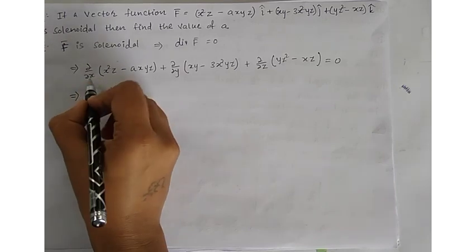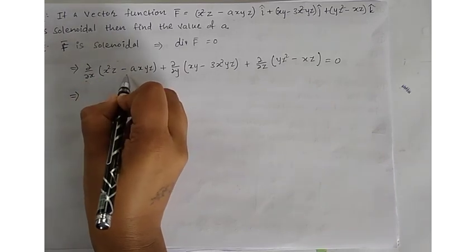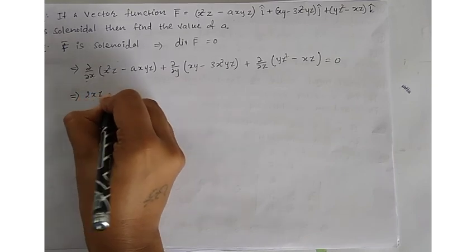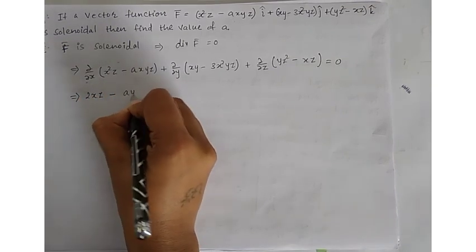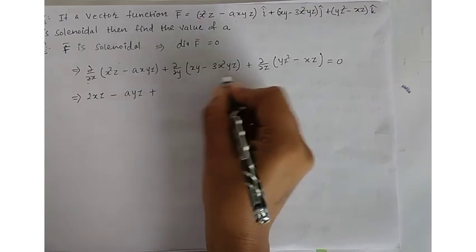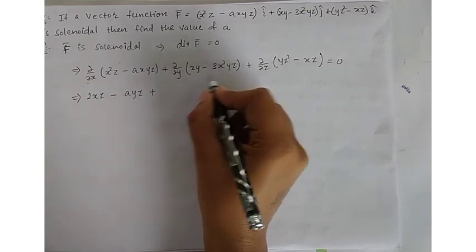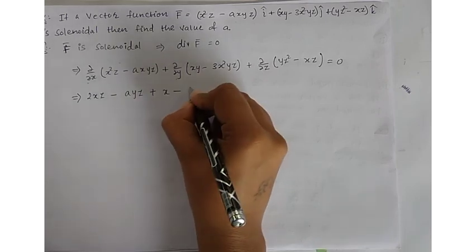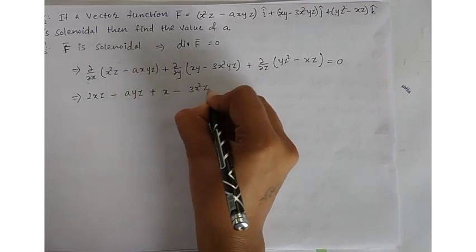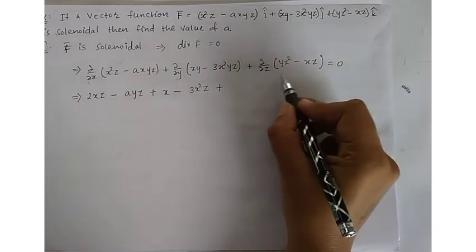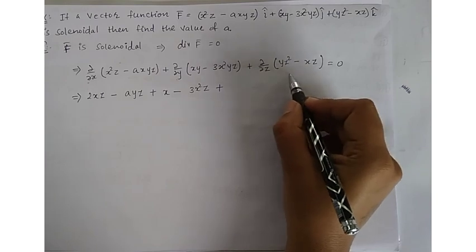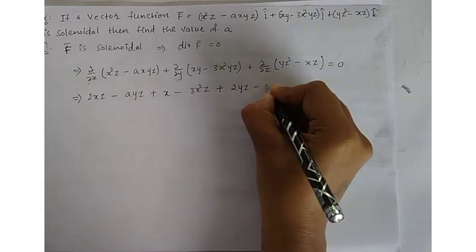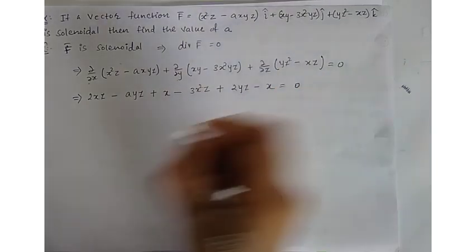So take the partial derivative with respect to x: 2xz minus ayz, plus the partial derivative with respect to y, which gives x minus 3x square z, plus the partial derivative with respect to z, which gives 2yz minus x, is equal to 0.